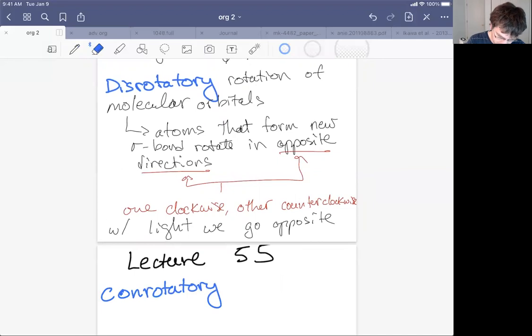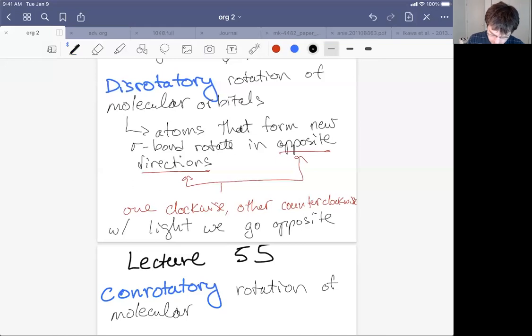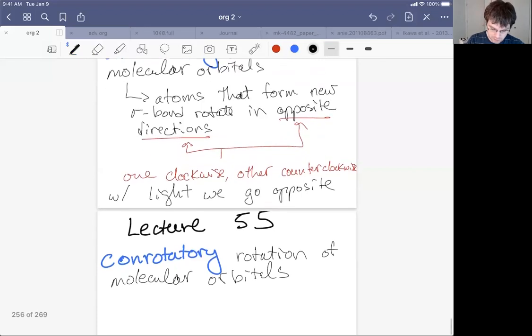Let's keep some parallelism here. So this is the opposite definition. So conrotatory rotation of molecular orbitals. Here the atoms are going to rotate to form the new sigma bond by rotating the atoms in the same direction.